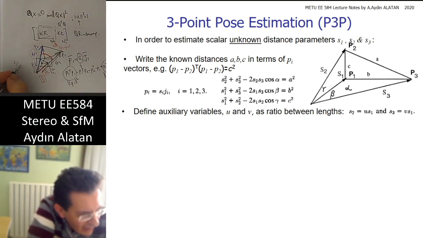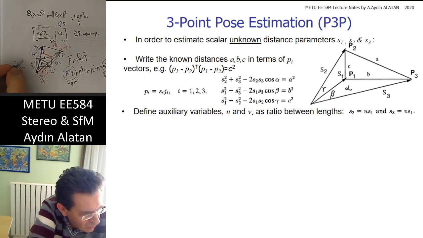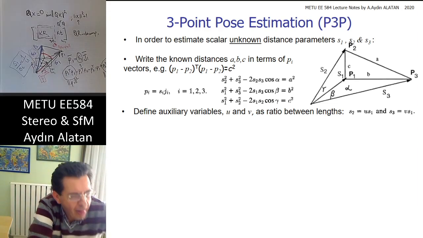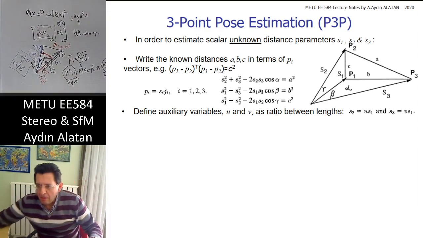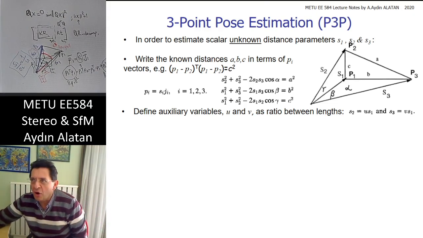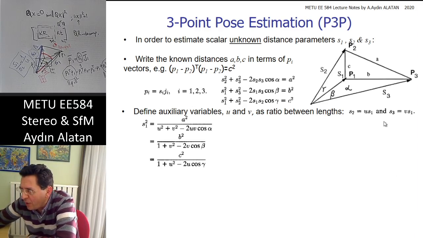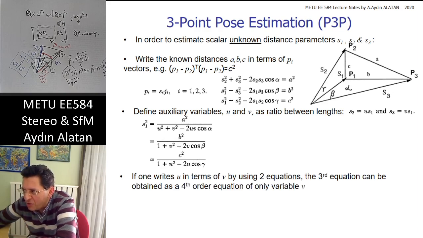I simply divide S1 by S2 and call it 1 over U. I obtain this result, and these auxiliary variables make these equations work. I get rid of one of the variables, and there will be three equations for S1 squared, all of them in terms of only U and V. Therefore, only U and V, three equations.